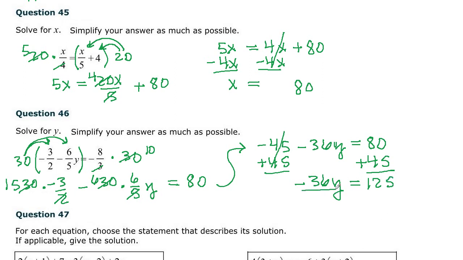And then we can divide that negative 36 off both sides. So these guys cancel. We get y is negative 125 over 36. And that does not simplify because 125 is 5 cubed and 36 is 4 times 9, which is 2 squared times 3 squared. So no factors in common. That is reduced to lowest form.